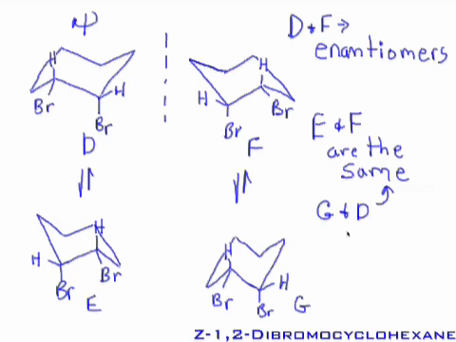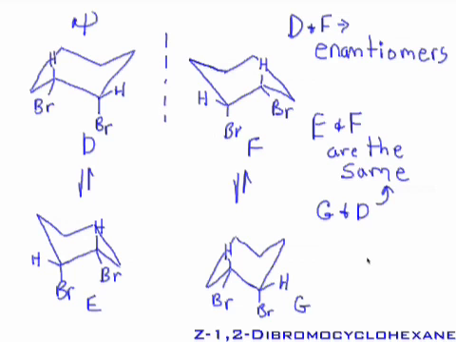You'd have to remember that ring flipping can occur and that D and F are the same. They would be identical, right? They would be identical because of ring flipping.